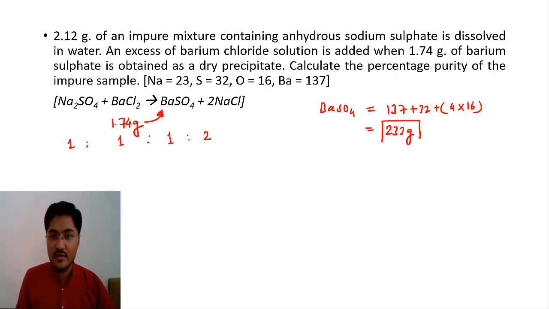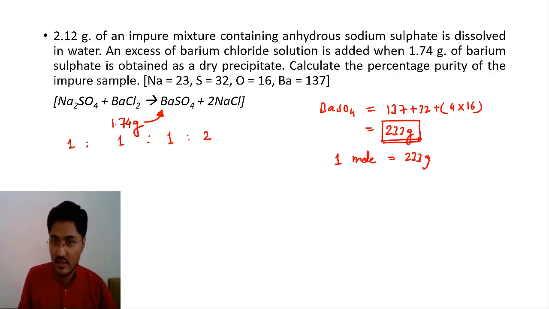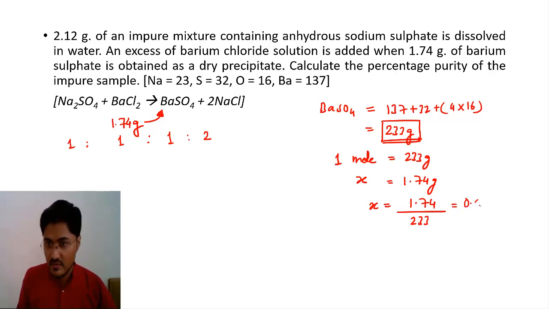That is the molar mass. Now 1 mole equals 233 grams. 1.74 grams will be how many moles? So we get X equals 1.74 divided by 233, which will come out to 0.0074 moles.